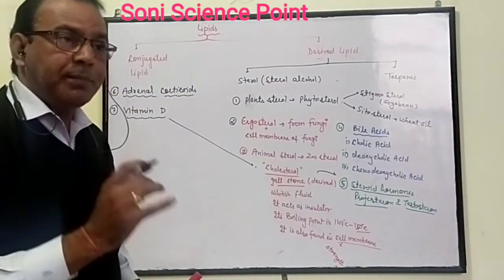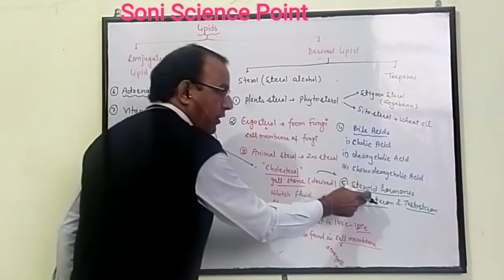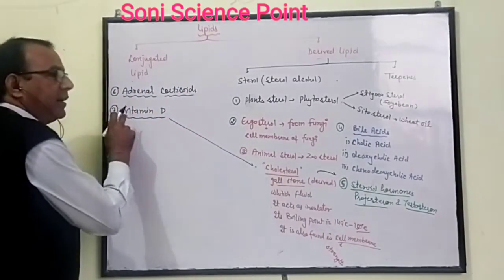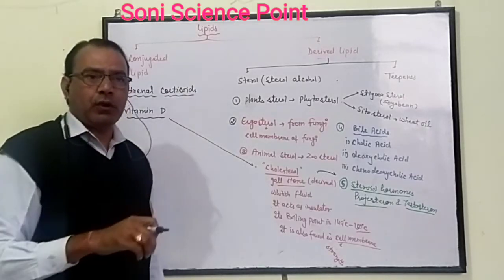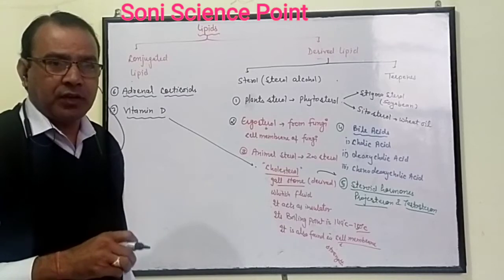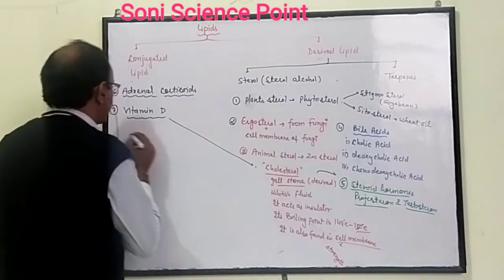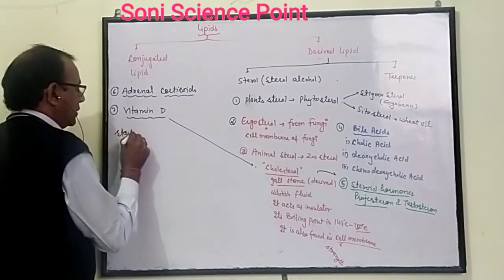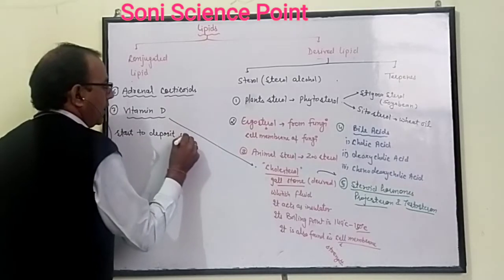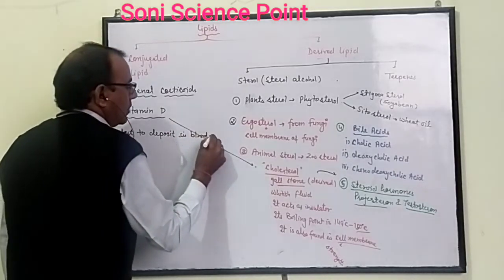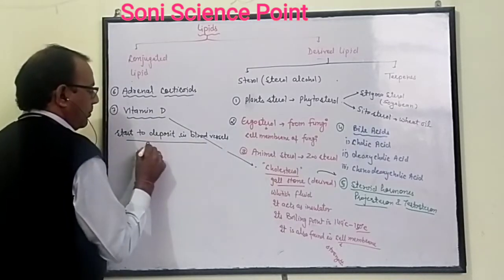Cholesterol must be present in our body, but up to a limit, because it derives steroid hormones as well as vitamin D. But as the quantity rises in excess, this cholesterol starts to deposit in blood vessels. This is the bad cholesterol.